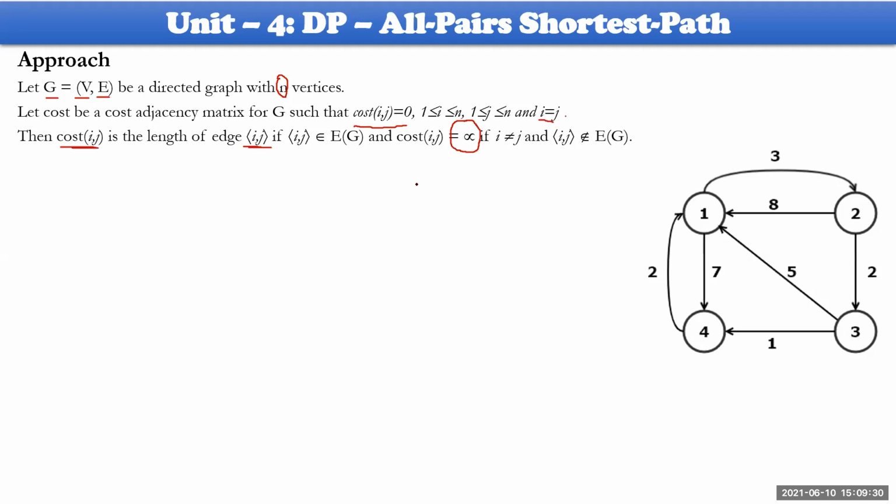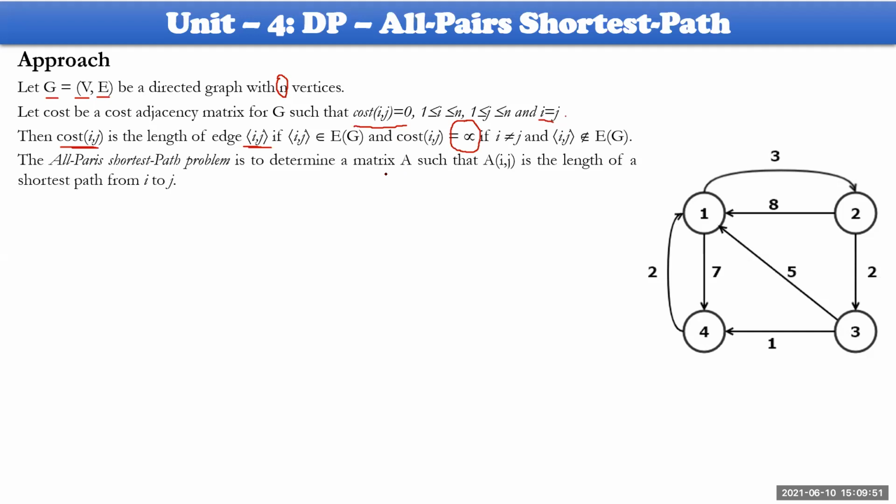When you see infinity, you have to consider that there is no edge between i comma j. If you have some number, then you can understand there is a directed edge from i to j. And note that every edge cost must always be positive. Negative cannot be there, always positive only.